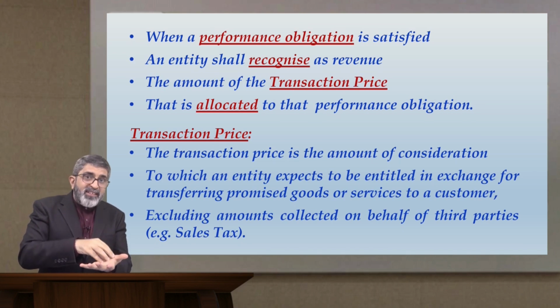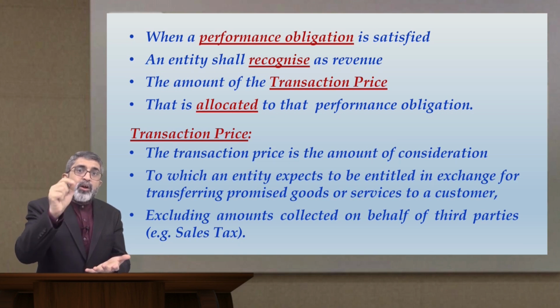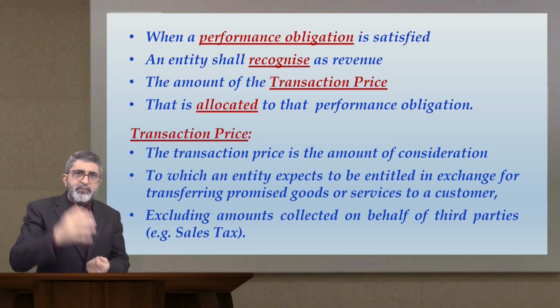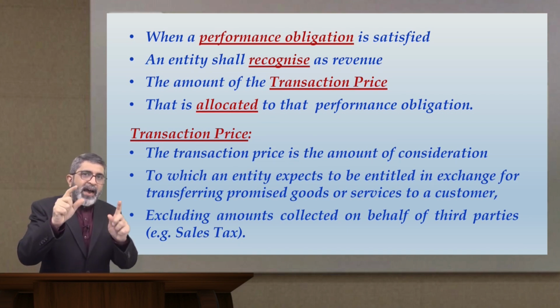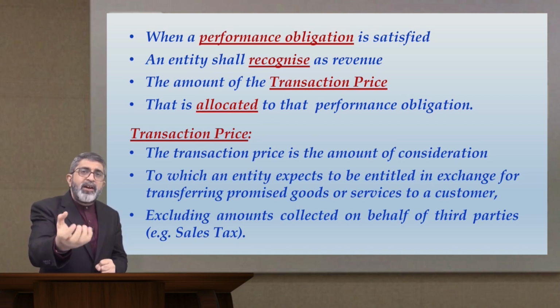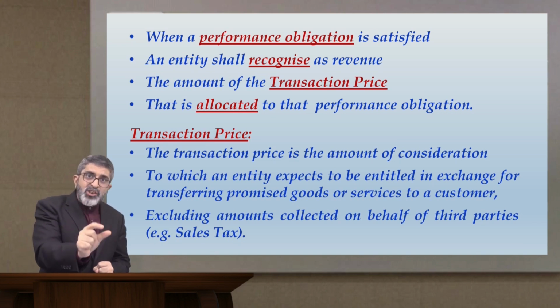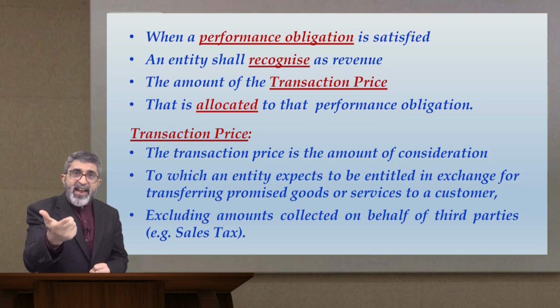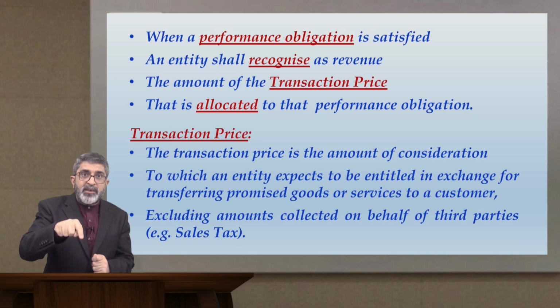So if the price is $89, it includes sales tax to the extent of say 5% or 10%. Then I know that from the customer I have collected $89, but 10% of the transaction price is going to be sales tax, which I have collected on behalf of the US government, correct? Which I cannot keep with me.